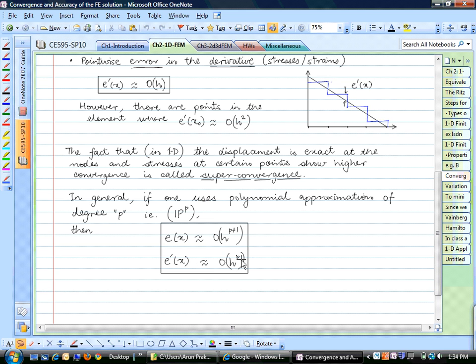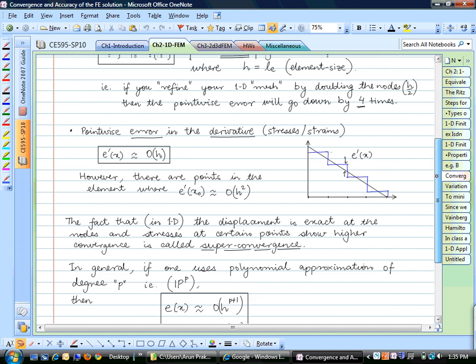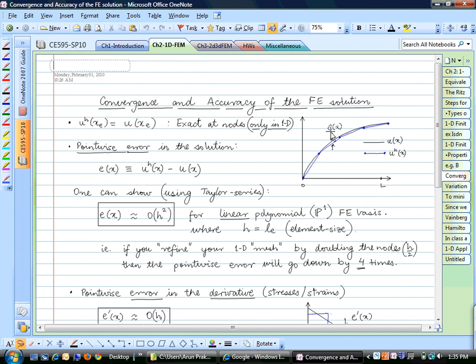And the error in the stresses will go down by 4 times, because this would be h to the power 2. Similarly, if you keep on using higher and higher order polynomials, you can decrease the error, or you can decrease h, which is the element size.